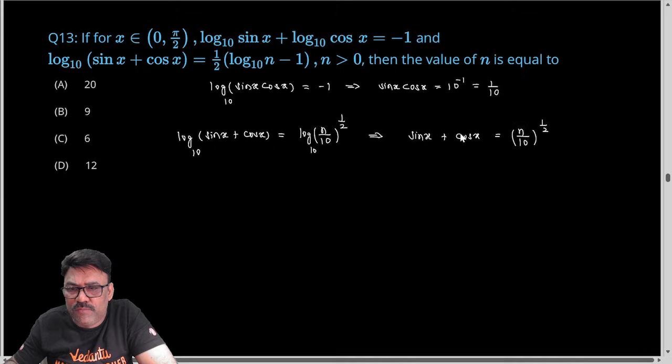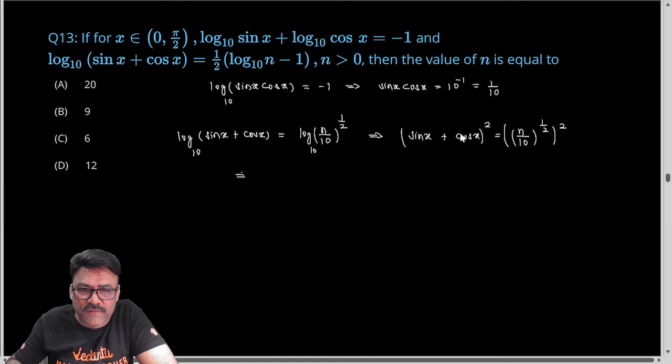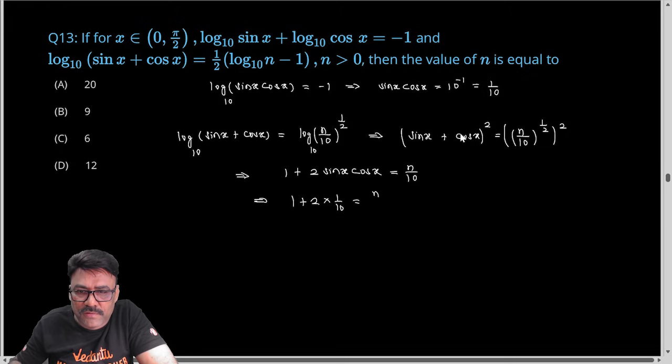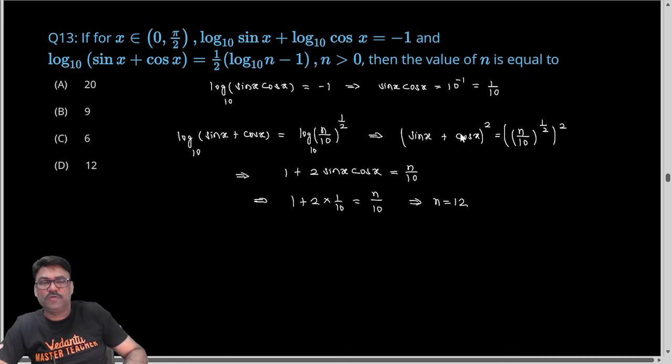Now if I do squaring both sides, the left hand side will become sin square x plus cos square x, which is 1, then 2 sin x cos x. And the right hand side becomes n by 10. Now it is 1 plus 2 sin x cos x, which is 1 by 10, equals n by 10. Cross multiply, so n becomes 12 here. So n is basically equal to 12.